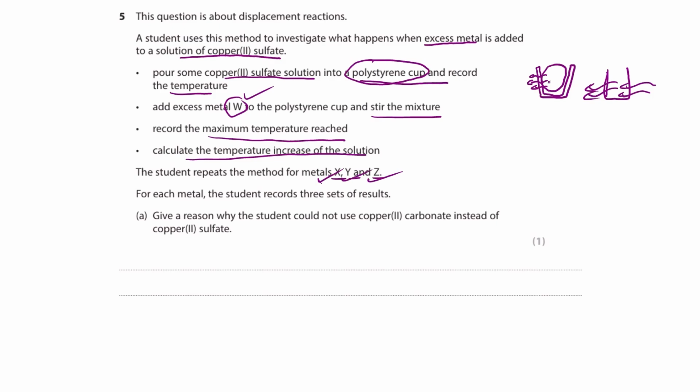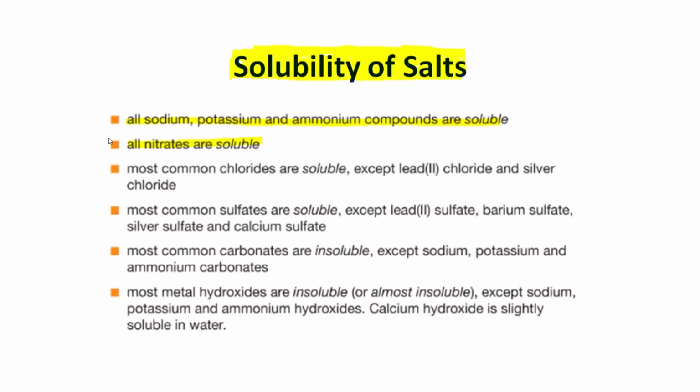Give a reason why the student could not use copper carbonate instead of copper sulfate. For that, we should understand the formation of salts. When you talk about preparation of salts in the IGCSE syllabus, these are the 6 rules you have to remember. First rule: all sodium, potassium and ammonium compounds are soluble.